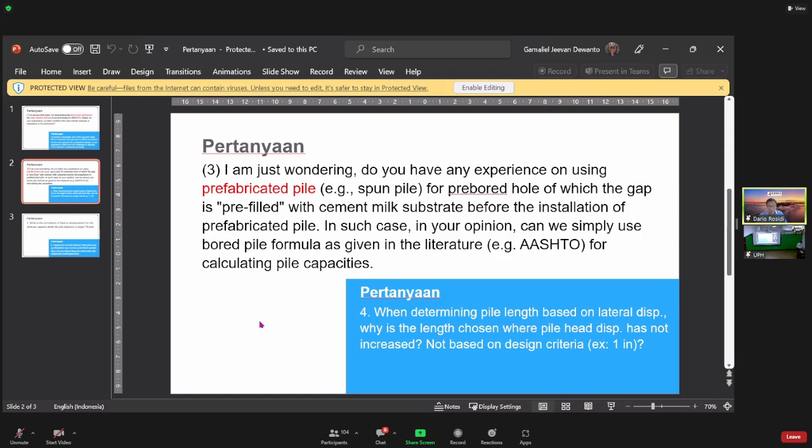Obviously, the structural capacity of the pile will be very different. But to compute the side resistance and perhaps the tip resistance, I don't see any issue there. I never did it before, I don't know. Nggak pernah saya desain. Biasanya di sini kalau lubangnya lebih besar kita fill dengan gravel, atau sand atau gravel, not cement.